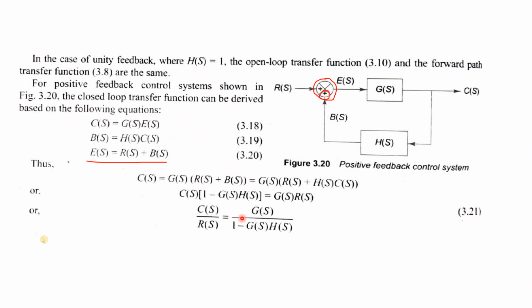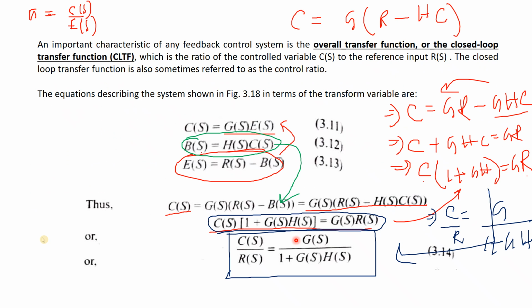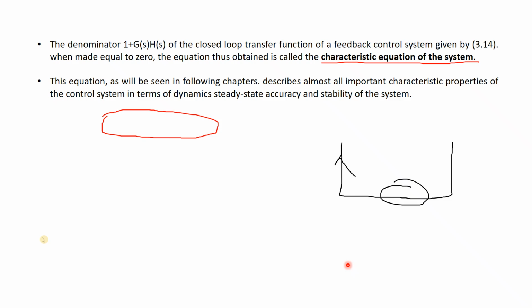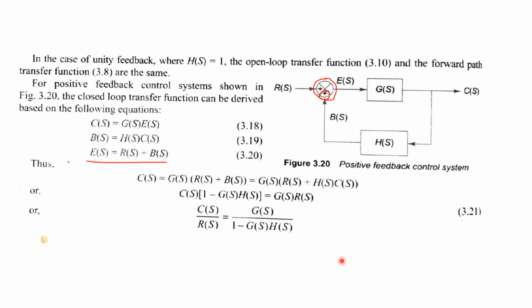If you do this derivation, we obtain the result that only one change is there. In the previous case, where the error was subtracted, the transfer function of the closed system was G(s)/(1 + G(s)H(s)). But in this case, when the feedback is added, the transfer function is G(s)/(1 - G(s)H(s)).